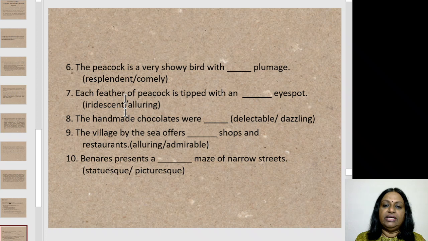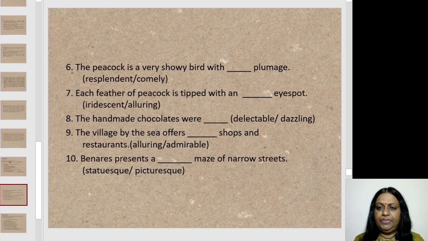Let's move to the seventh fill in the blank: Each feather of the peacock is tipped with an dash eye spot. So it's a description of the peacock feather. Iridescent or alluring? Iridescent is colorful and alluring is something that's very attractive.